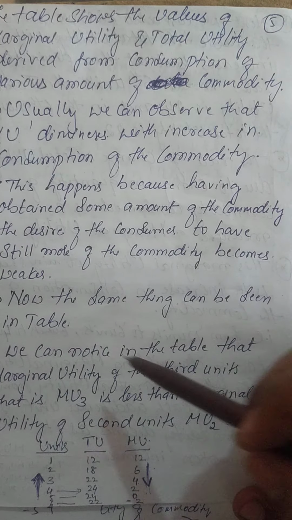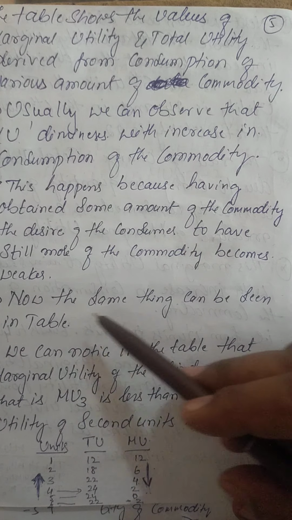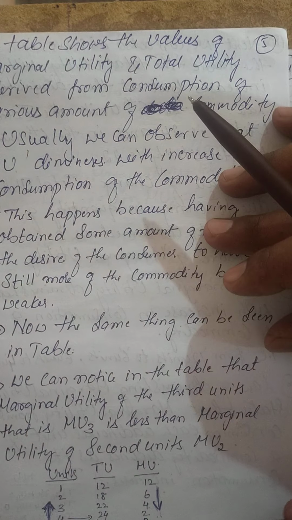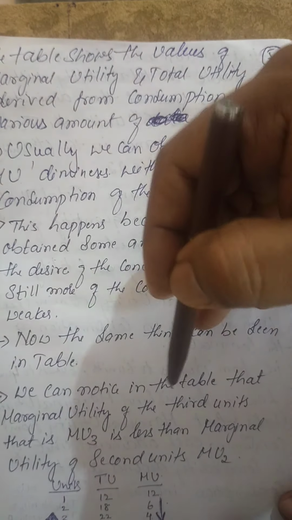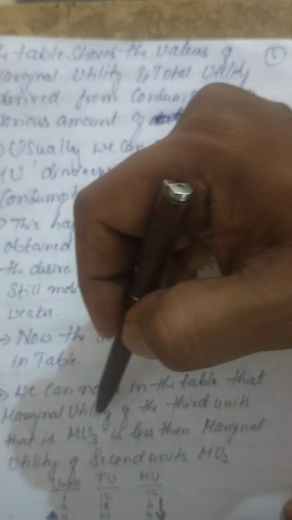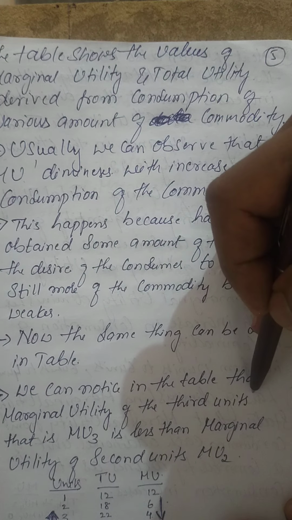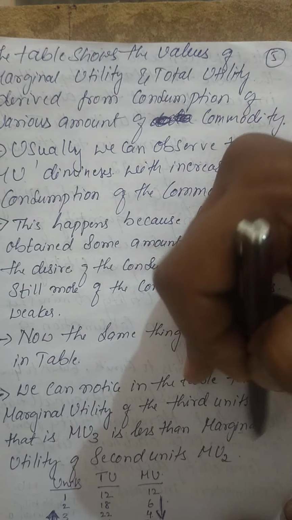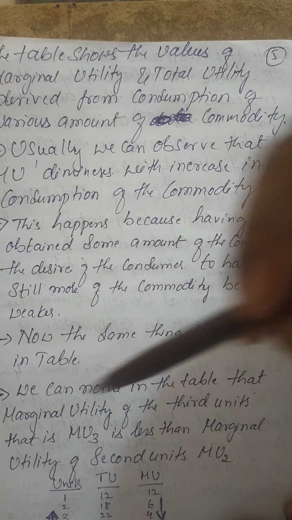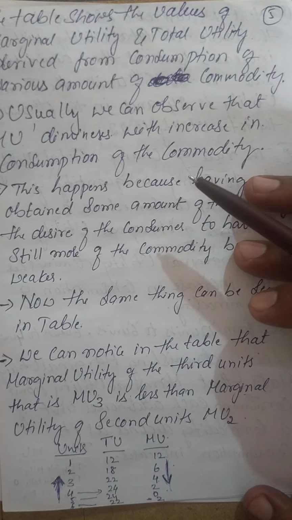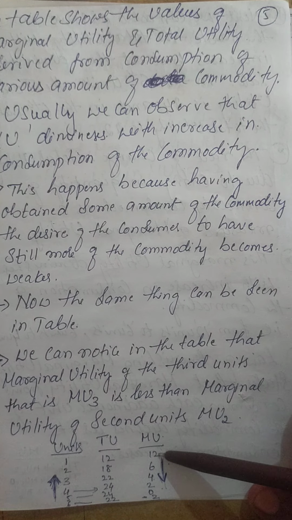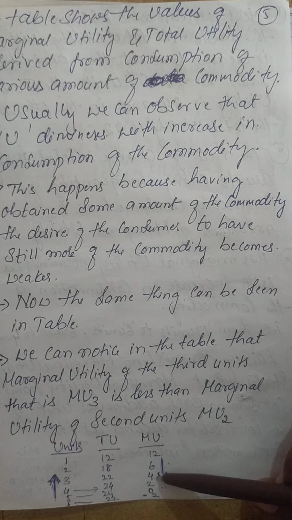Next, continuation of that. The same thing can be seen in the table as I showed you. We can notice in the table that the marginal utility of the third unit, that is MU3, is lesser than the second unit. Can you observe here? This is MU1, this is MU2, and this is MU3.